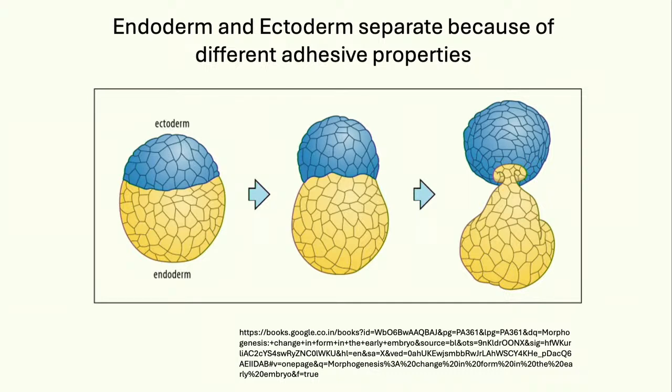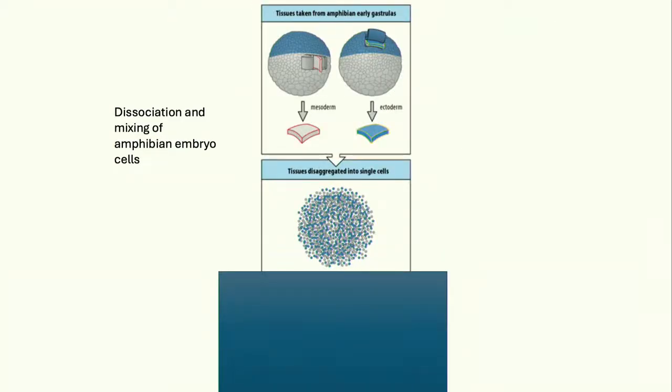And you will see that they will separate out really and in a manner that all the endoderm cells will be together and the ectoderm cells will be together. Another way of doing this experiment is actually by disaggregating the cells, right? So now, do the cells have a memory of their location, and will they find their partners that they bind with, right?